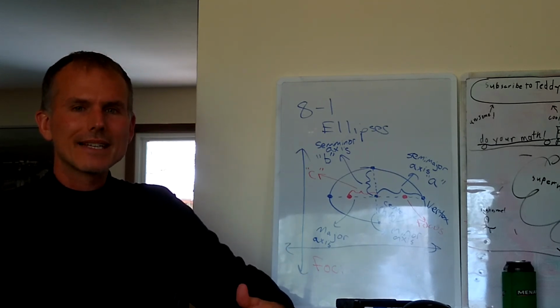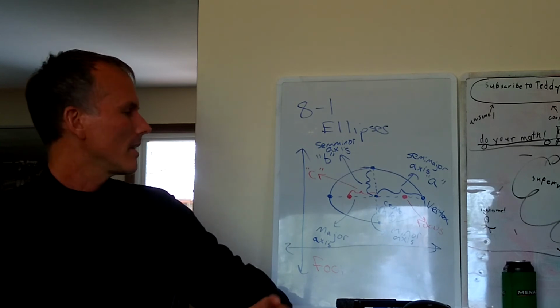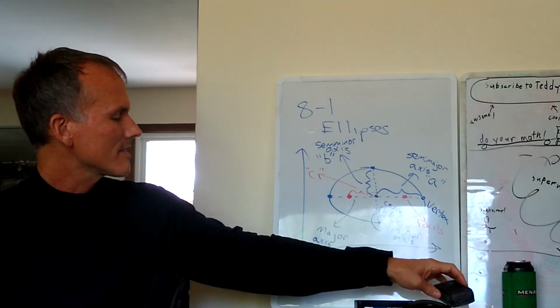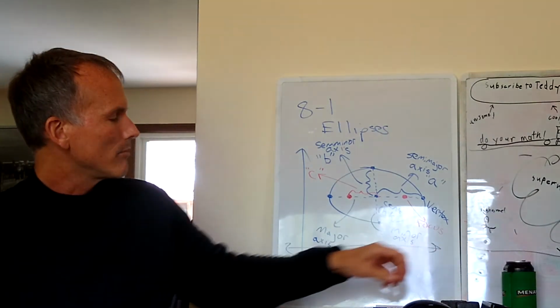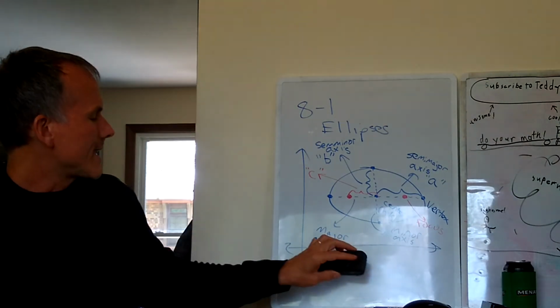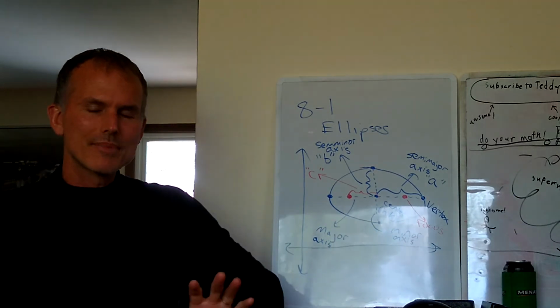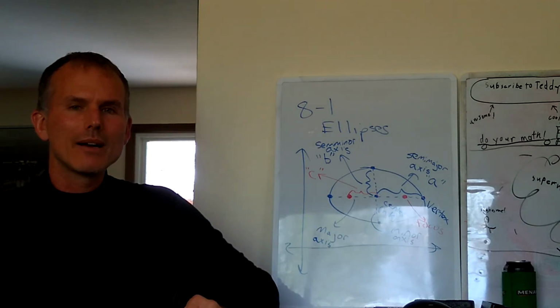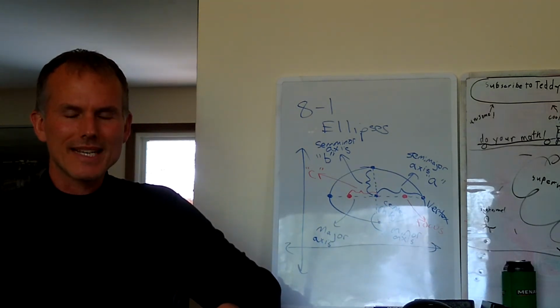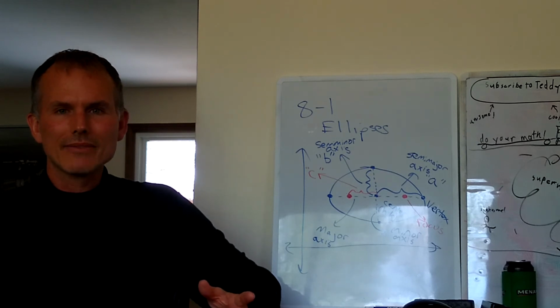And the very last thing I'd like to do on this whiteboard is to write the equation in standard form of an ellipse. Now, first of all, I want you to think back for a second. You've all graphed lines for most of your lives.